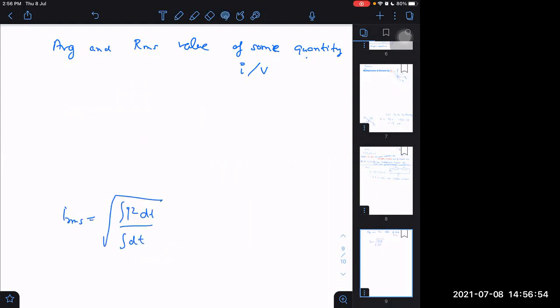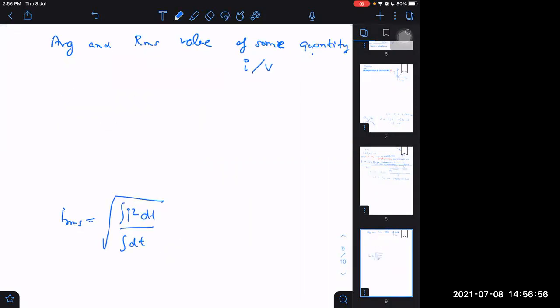You will not understand from here. First, you understand average. What is I average? I have told you many times before that the average value will be the integral of I dt divided by the integral of dt. This is the average value from 0 to t, right or not?